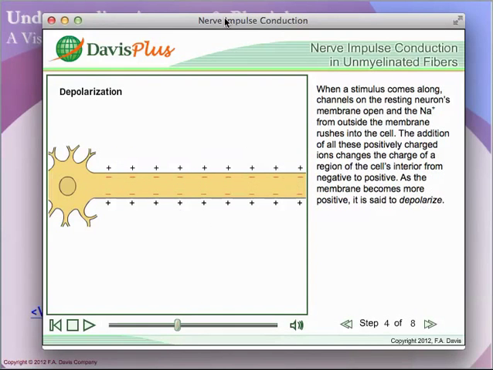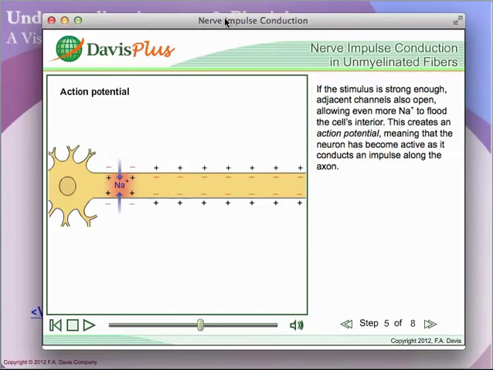When a stimulus comes along, channels on the resting neuron's membrane open, and the sodium from outside the membrane rushes into the cell. The addition of all these positively charged ions changes the charge of a region of the cell's interior from negative to positive. As the membrane becomes more positive, it is said to depolarize.